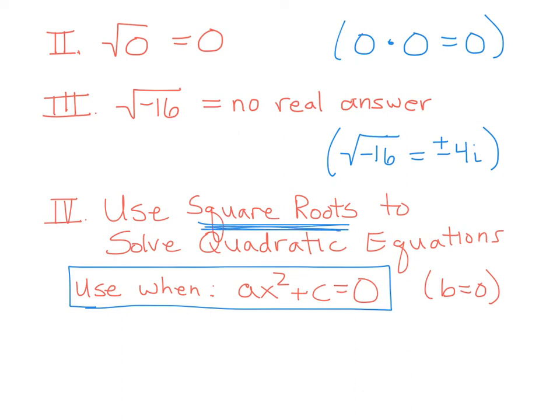Okay? Alright, the steps that you go through: step 1, isolate the x squared. Isolate the x squared, and then you take the square root of both sides of the equation.